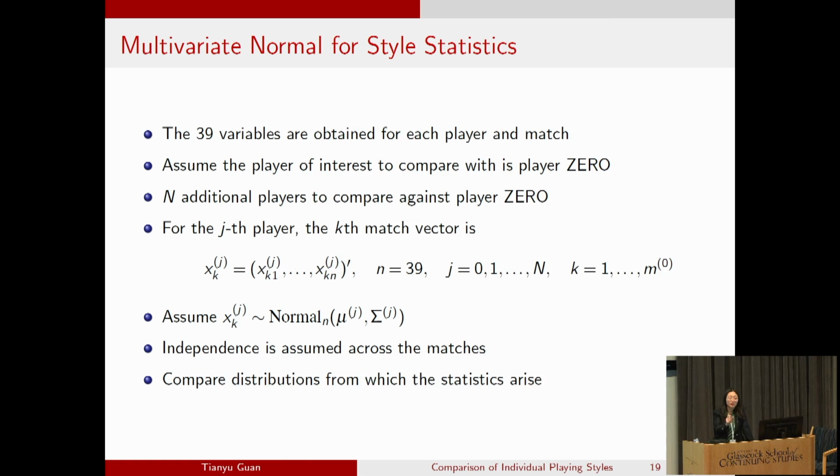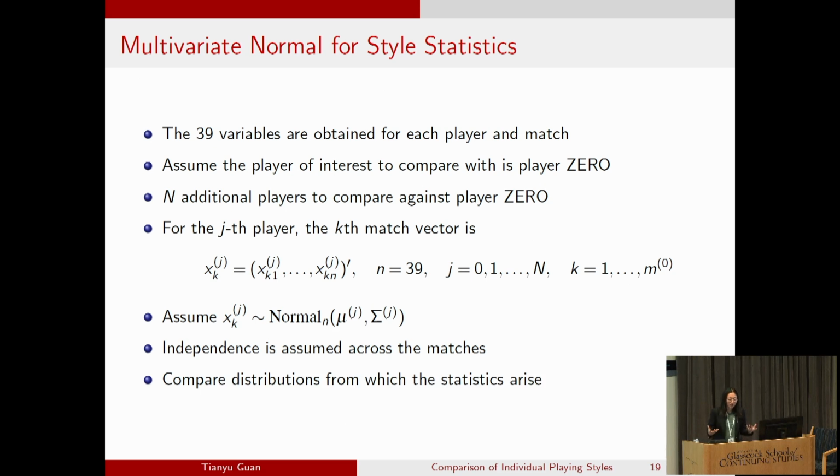In the CSL 2019 season, each team has 30 rounds of games, so for each player we have a maximum of 30 such vectors. We then assume that these variables follow a multivariate normal distribution for a specific player, which is identified by μj and Σj.